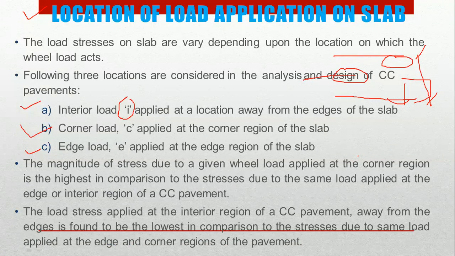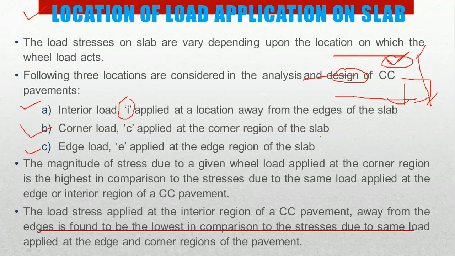Why? Because if you consider the road surface, the variation of stress is different at different places, that is, at different locations. Whenever the wheel load is applied at the corner region, and the vehicles are moving in this corner region, whatever stresses are induced are highest.